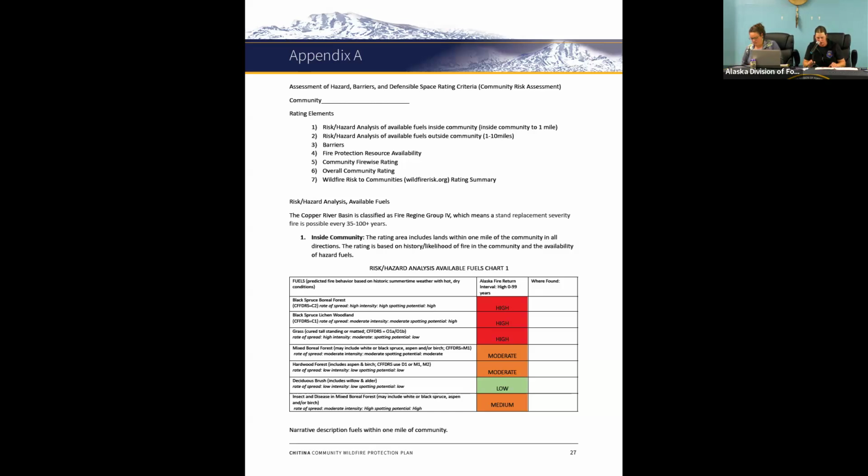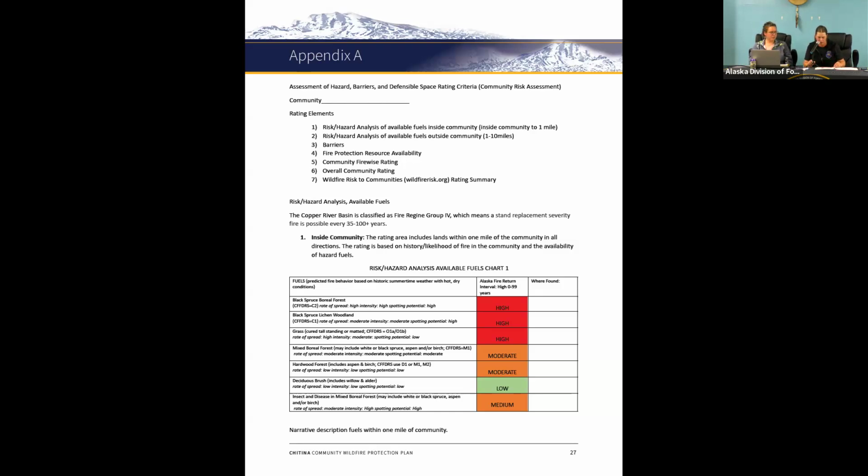Of a lower fire potential are the brush components such as willow, alder, and the alpine and subalpine vegetative components.